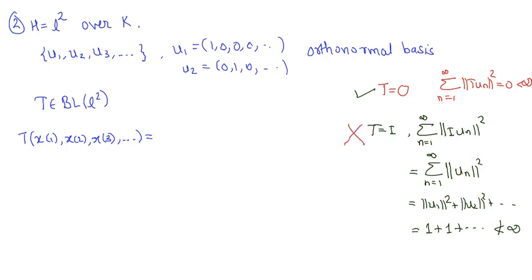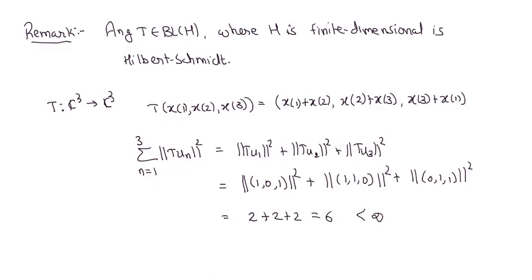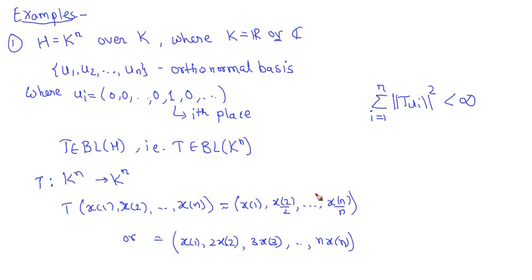Identity works well with the finite dimensional case, as we see here. This is the first example. I can take identity here, T equals I, defined on (x1, x2, ..., xn) to be (x1, x2, ..., xn). So identity works here because the sum is finite, since this basis has a finite number of elements.